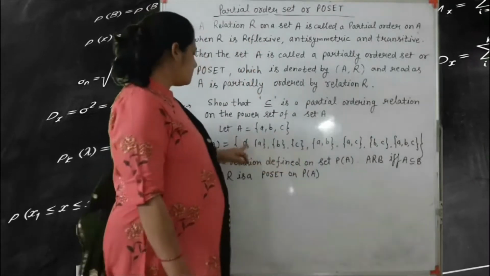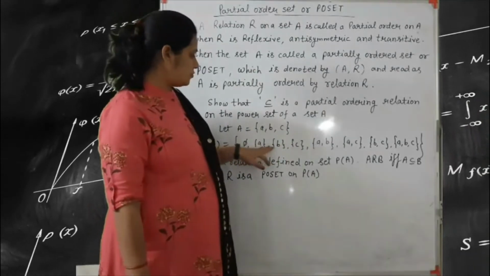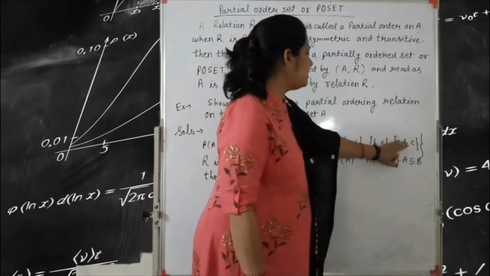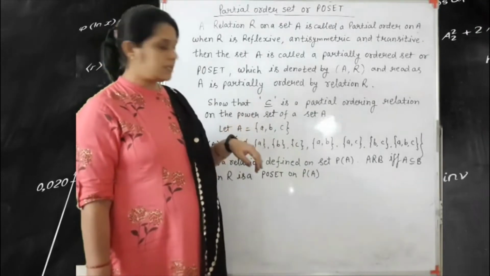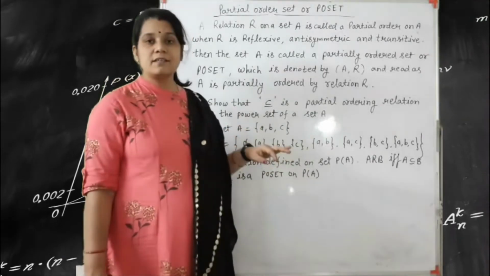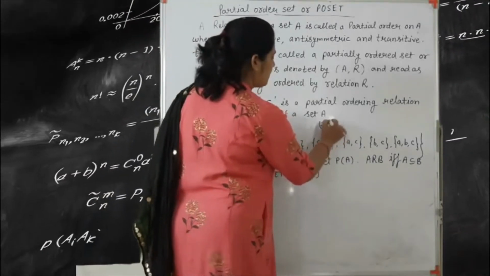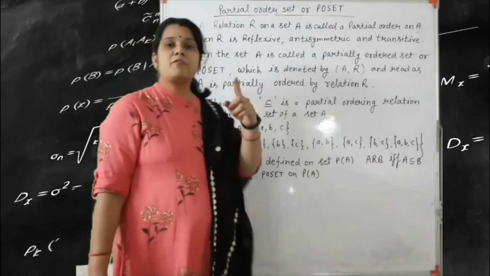So here the total number of elements is what? Total set elements: 1, 2, 3, 4, 5, 6, 7 and 8. If you have any confusion about writing the subsets, always keep in mind you write 2 raised to the power n, that is 2 and the power is the number of elements.